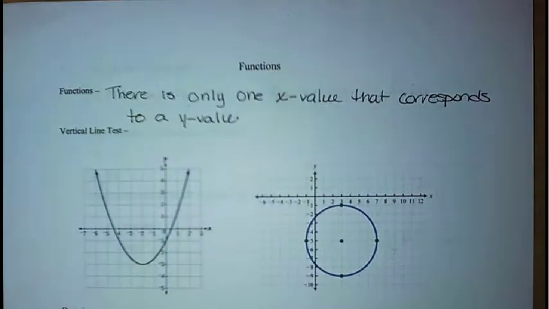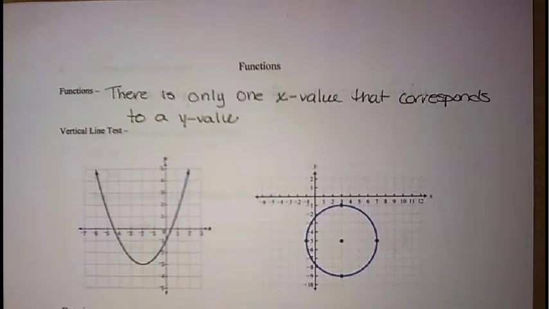Again, basically for every x value on our graph, there is only one corresponding y value. So anytime we have a point where we have two different y values for our one single x value, that's a problem. We're going to be looking at that as a graph.